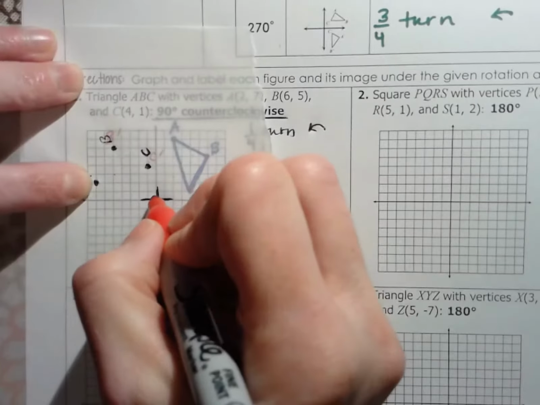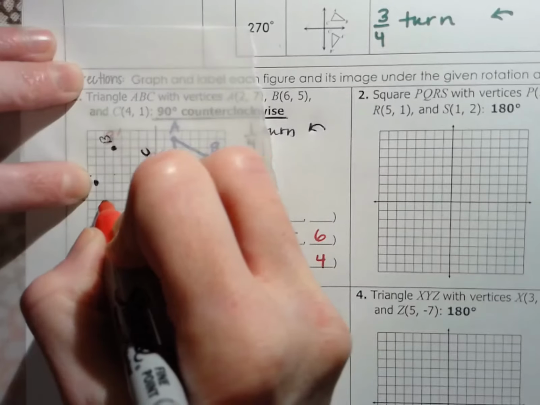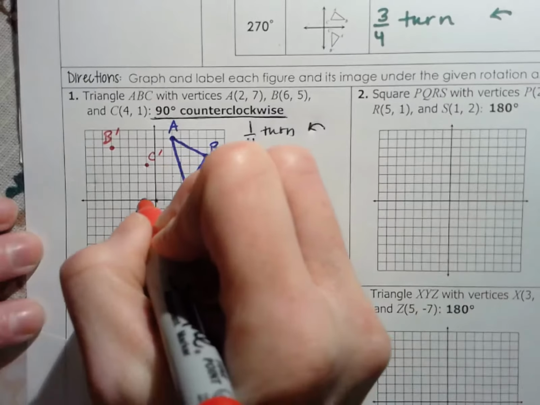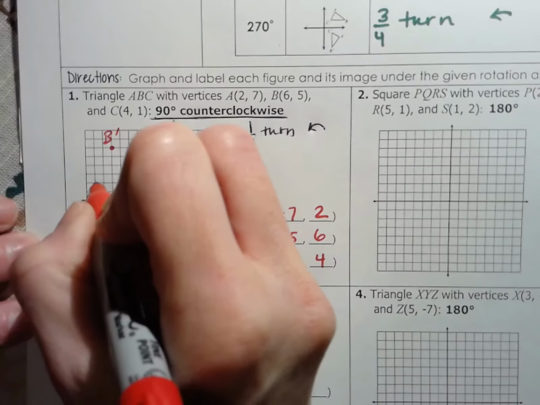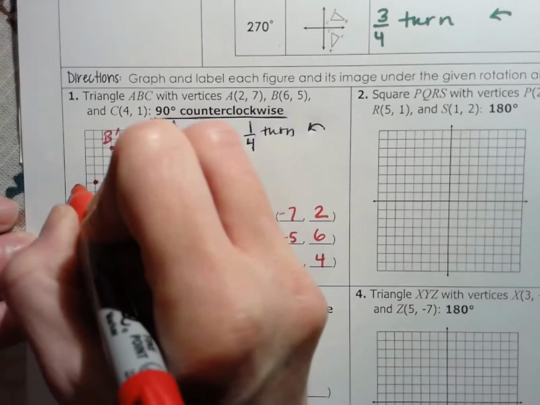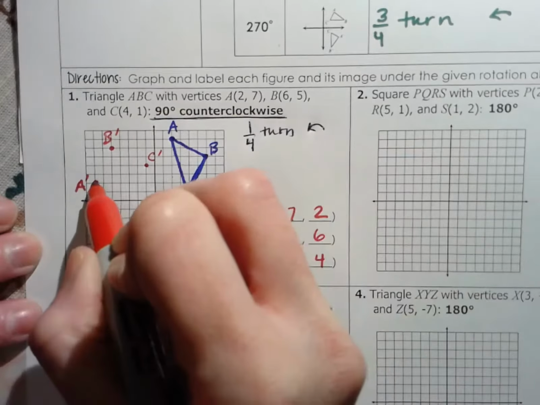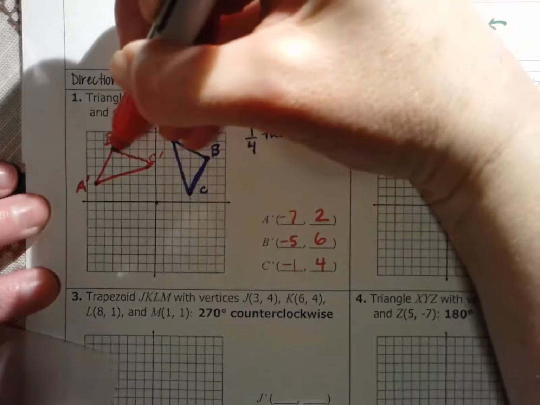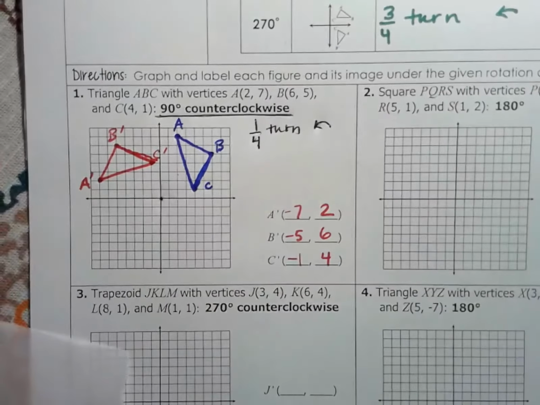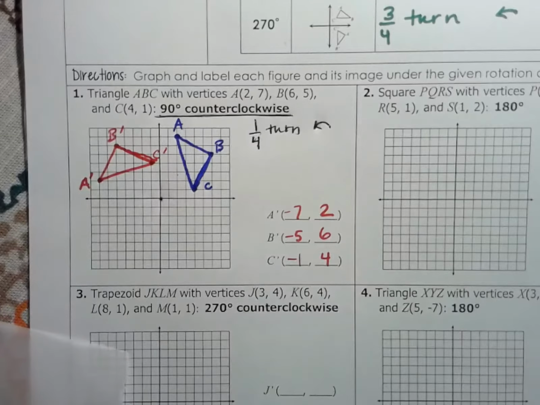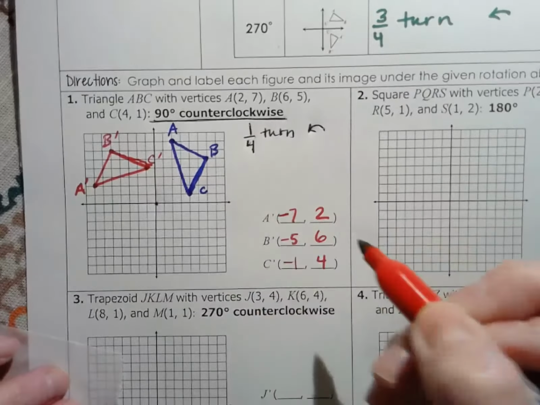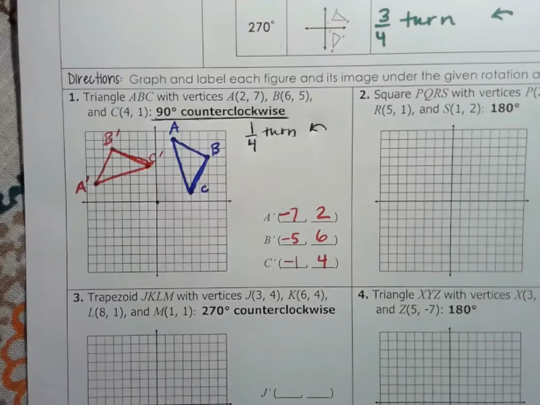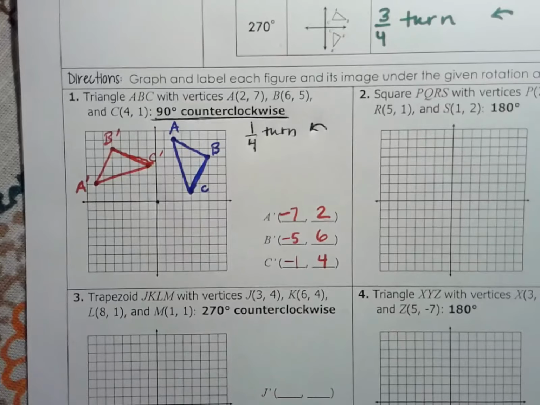A prime is going to be at 1, 2, 3, 4, 5, 6, 7, up 2. And I can actually see the little dents in my paper, which is pretty cool. There's my rotation.